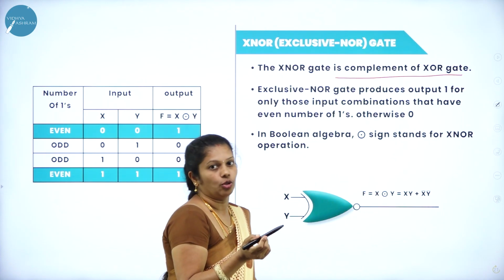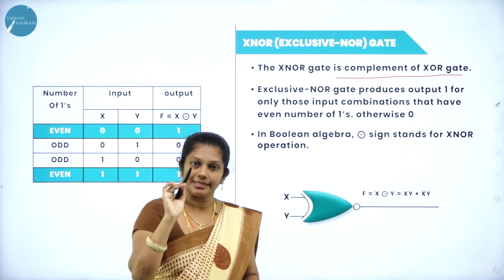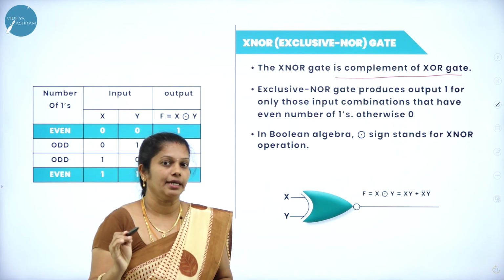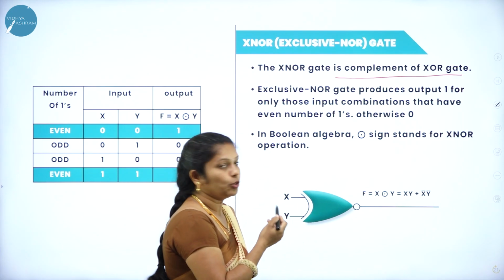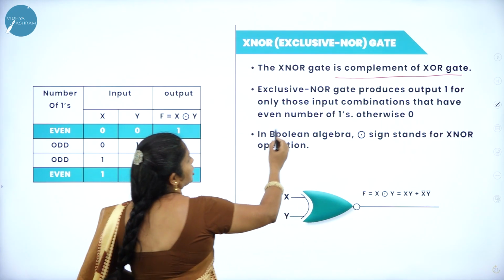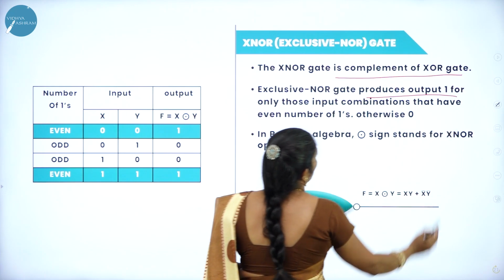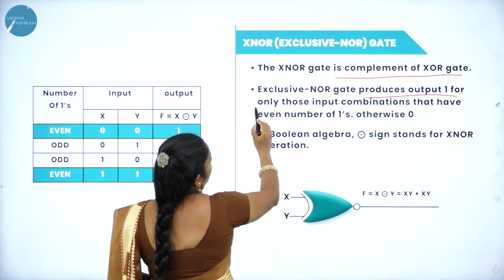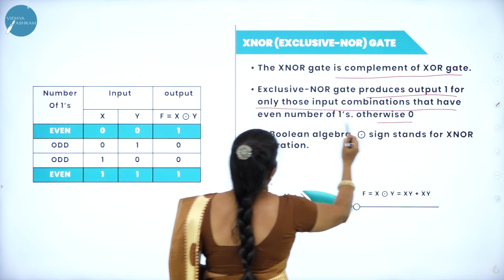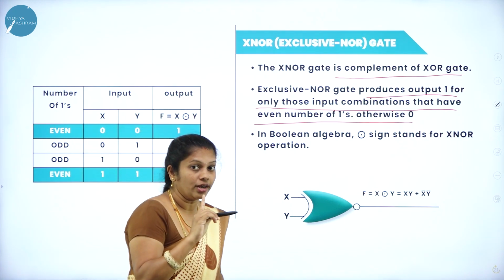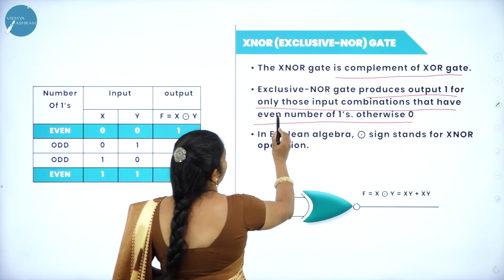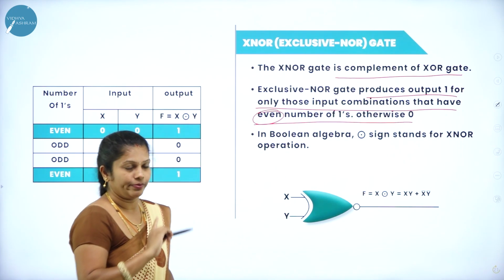Whereas in the exclusive NOR gate, we'll count in the same pattern how many times 1 is present. If it is an even number of times, then we will write 1 here. See, the exclusive NOR gate produces output 1 for only those input combinations that have an even number of ones. Whereas in XOR, an odd number of ones will count. Here, an even number of ones will count.